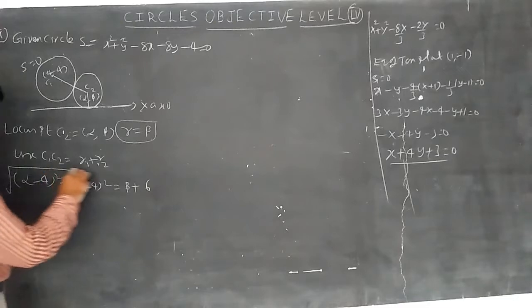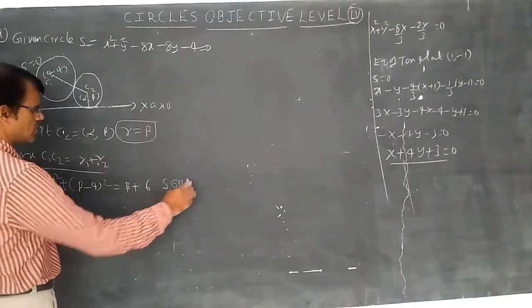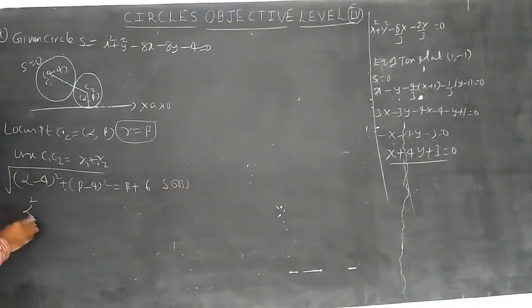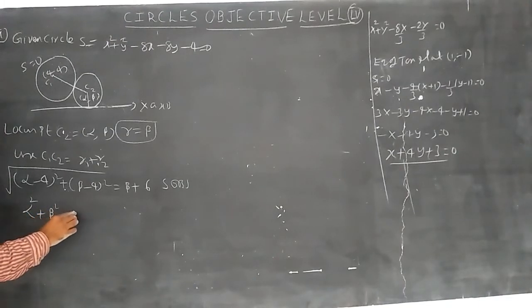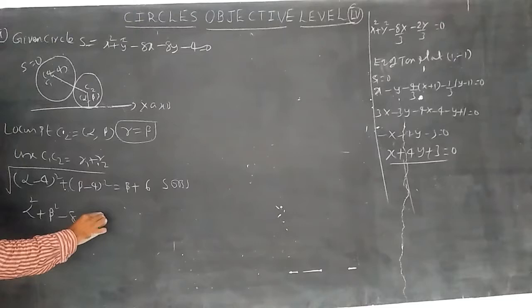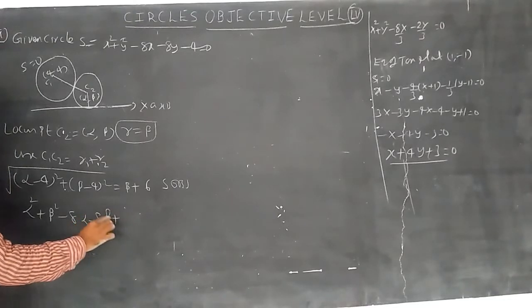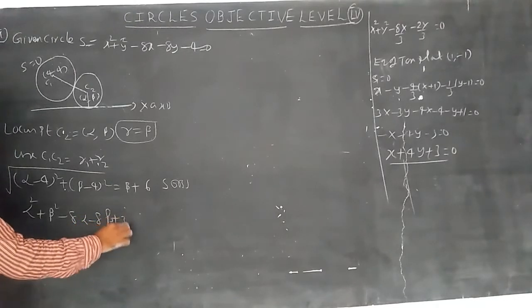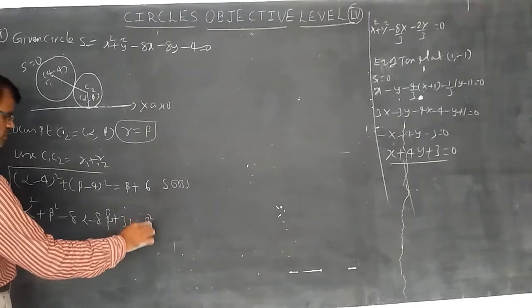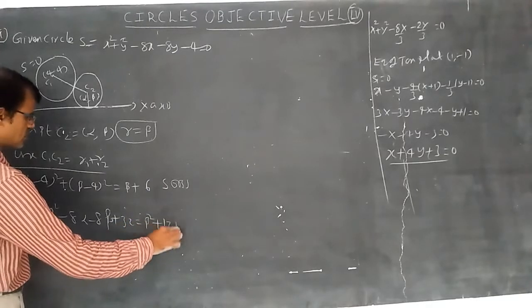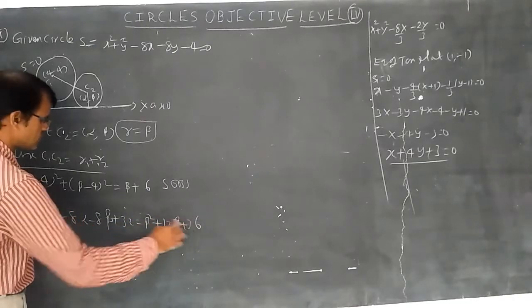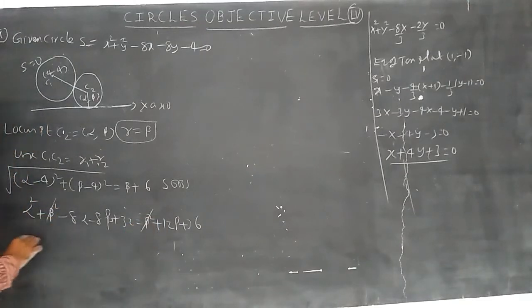Now squaring on both sides: alpha square plus beta square minus 8 alpha minus 8 beta plus 32 is equal to beta square plus 12 beta plus 36. Beta square and beta square get cancelled.